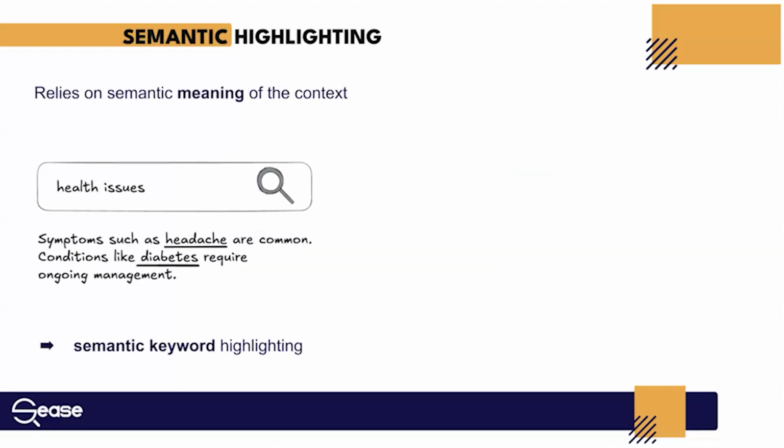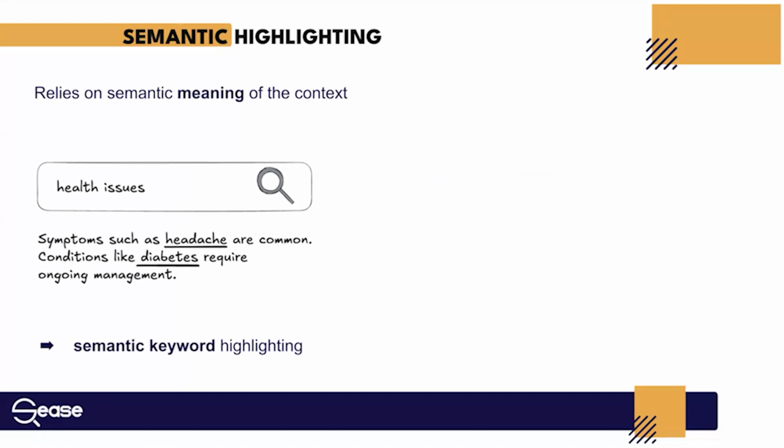Here I wanted to differentiate two types of semantic highlighting: semantic keyword highlighting versus semantic sentence highlighting. For the keyword part, we just highlight the keyword. Let's say we search for health issues, then headache and diabetes are highlighted.